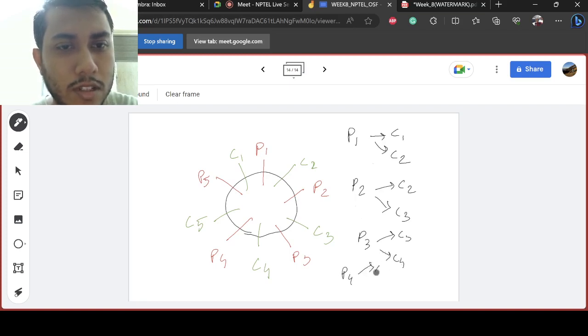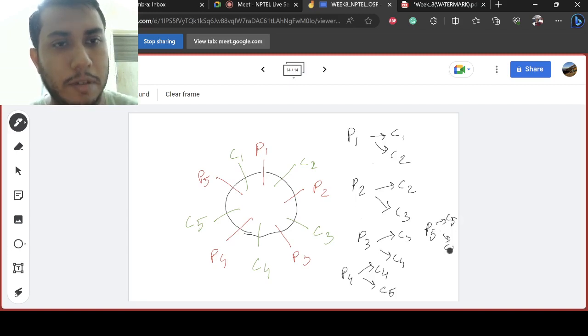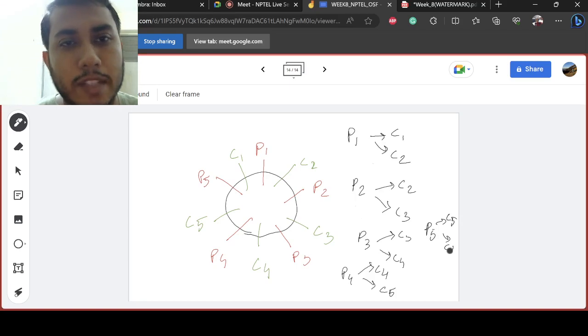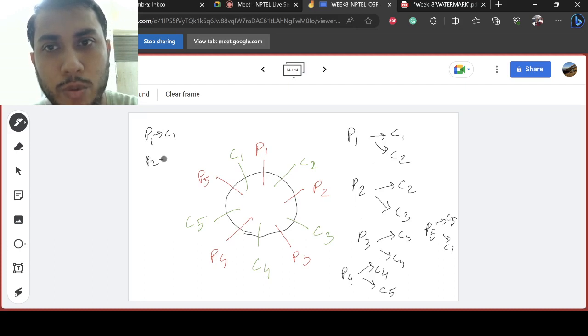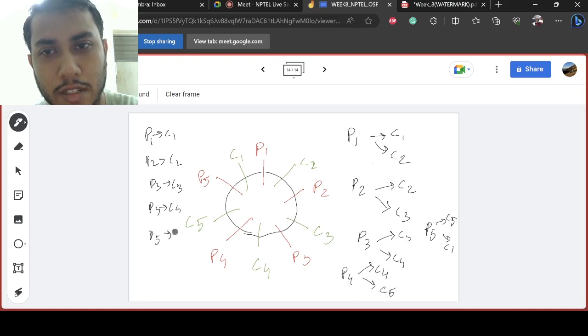P4 requires C4 and C5, and P5 requires C5 and C1. So the problem occurs when all of them try to enter the critical section at the same time, but each acquires only one resource. So P1 acquires C1, P2 acquires C2, P3 acquires C3, P4 acquires C4, and P5 acquires C5.